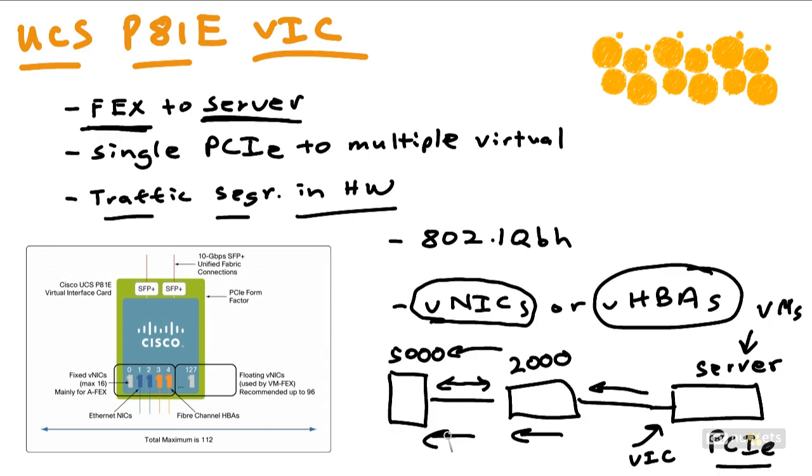This is an end-to-end standards-based architecture for virtualization as defined in 802.1Qbh by the IEEE, and Cisco made sure to attend to these standards with their virtual interface card technologies.